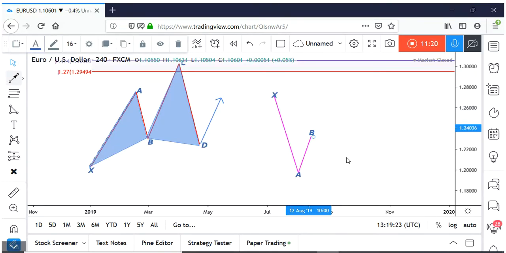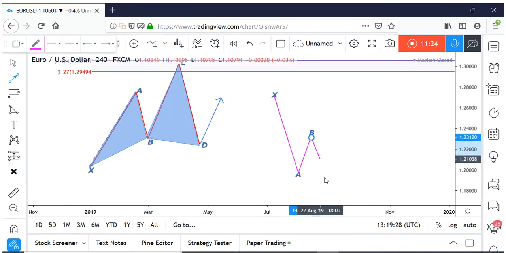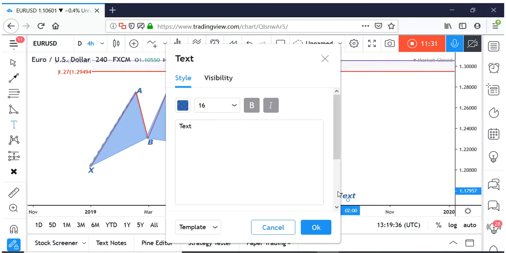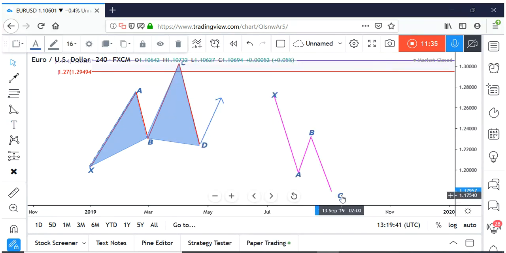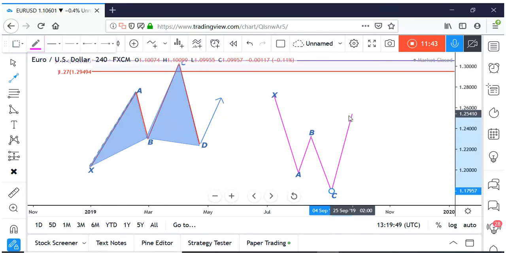And then the next one we need to look for is our C leg that has to close way below the A. That is our C leg. Once you understand this, you see how easy it is. And once you see it in your chart, you just spot it straight away. It occurs in all time frames. And then the D leg is where you look to sell.